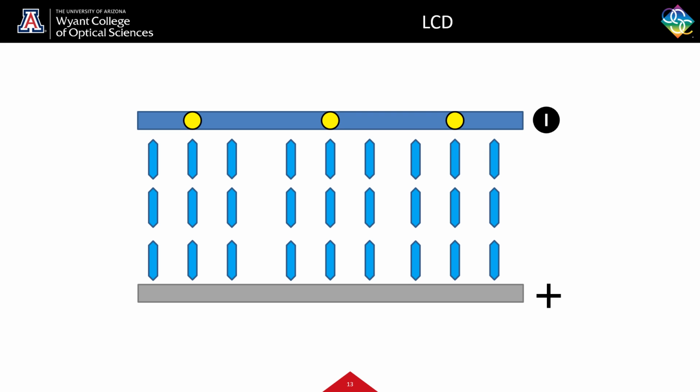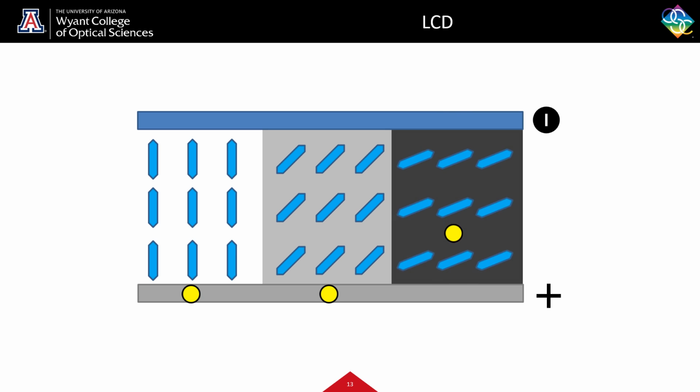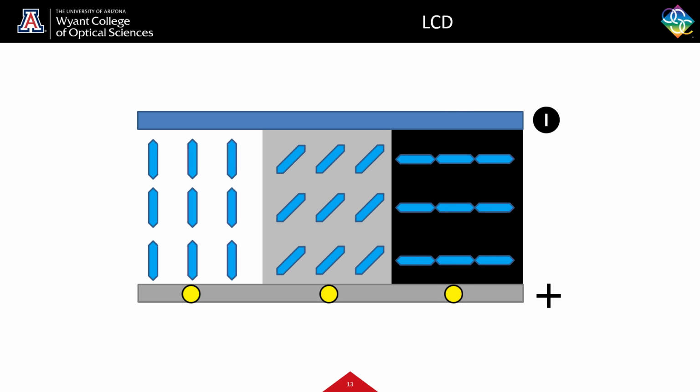So if we send a current through this crystal, we can decide to either keep it in its normal state, where all the light will pass through, modify it to maybe half, so that only half the light goes through, or rearrange the crystals so that all the light is blocked.